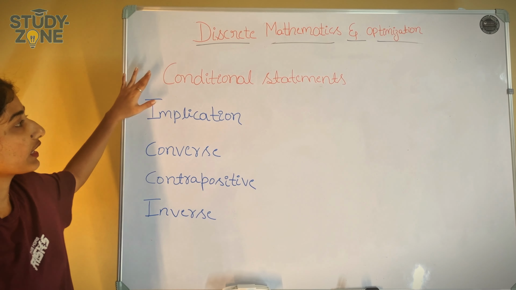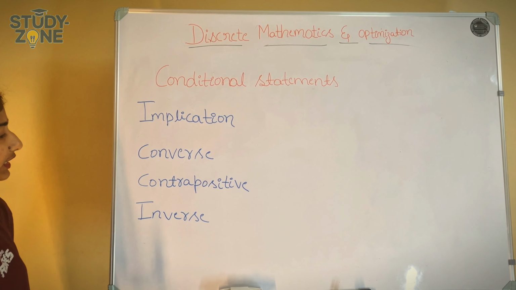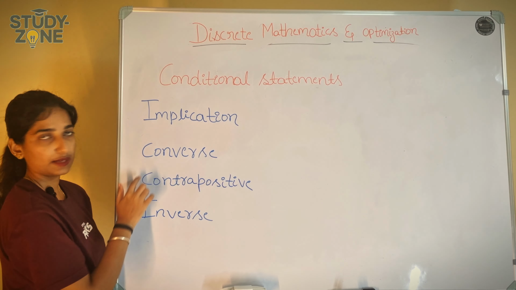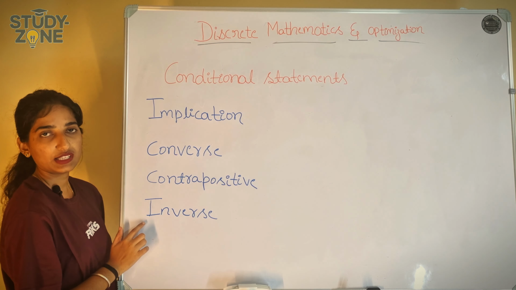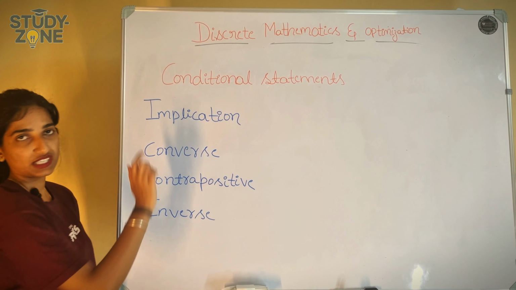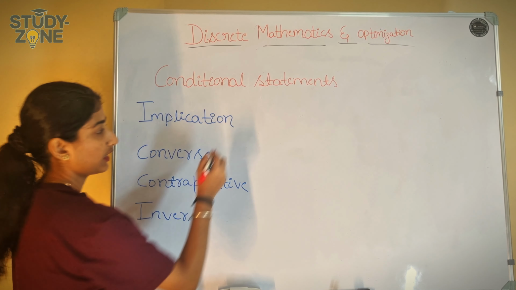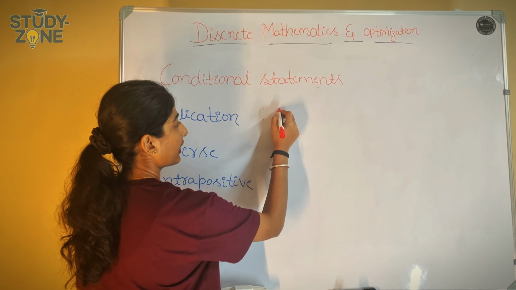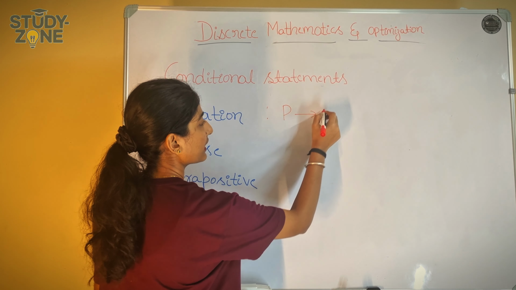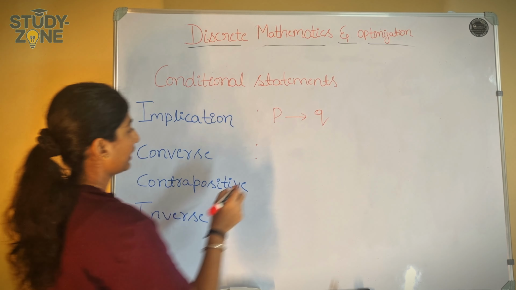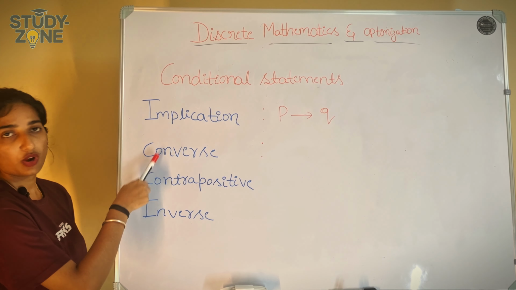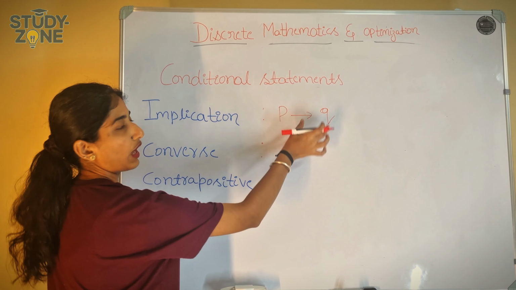So next, conditional statements. In conditional statements there are 4 types: implication, converse, contrapositive and inverse. In implication we have already seen it. Implication means P implies Q, and converse means you have to reverse it.